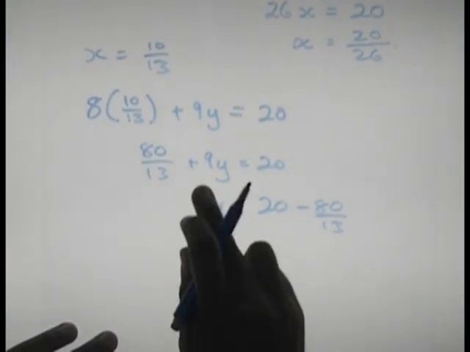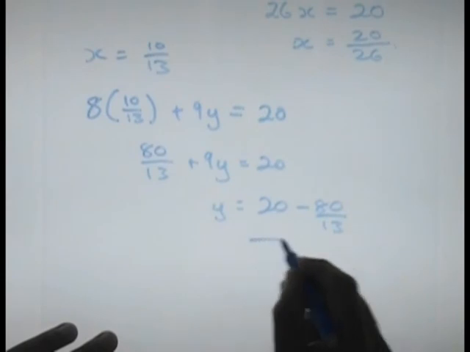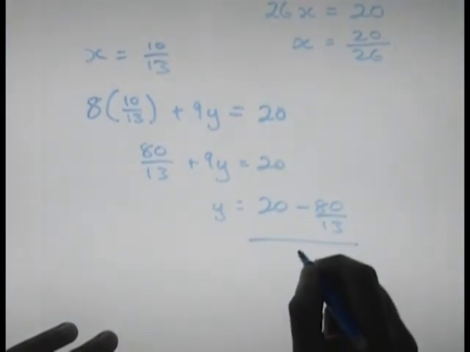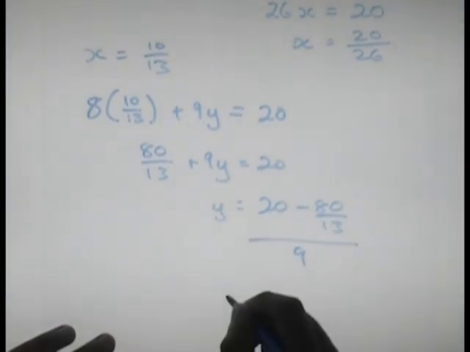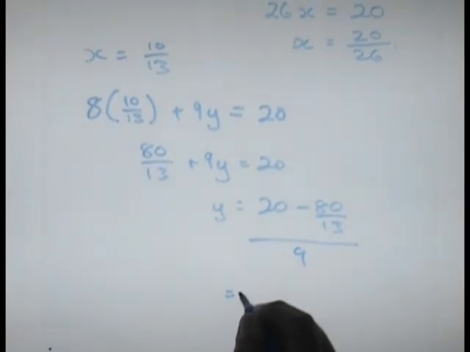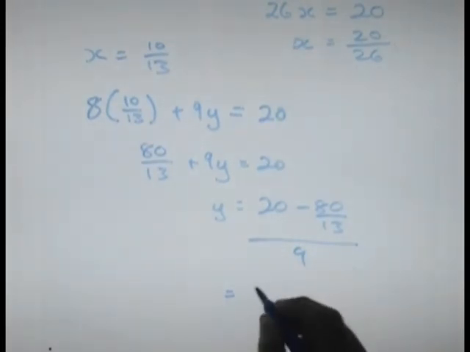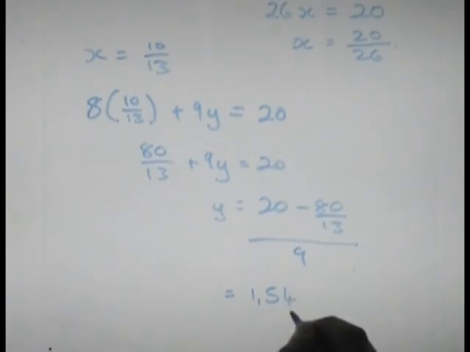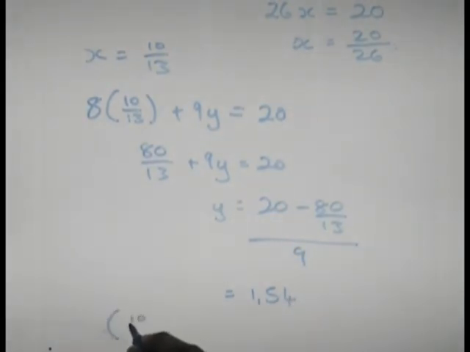That means that y on its own will equal 20 minus 80 over 13, divided by 9, which is going to equal 1.54, rounded off to 2 decimal places. That means my x value is 10 over 13 and my y value is 1.54. That's my x, that's my y. This was pretty easy, wasn't it?